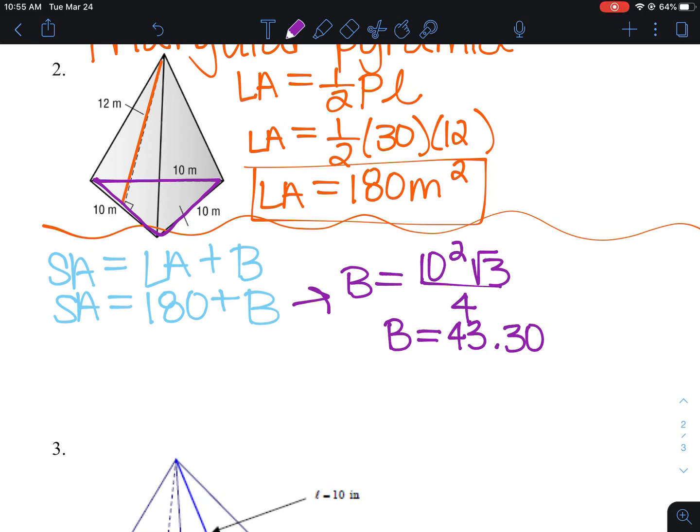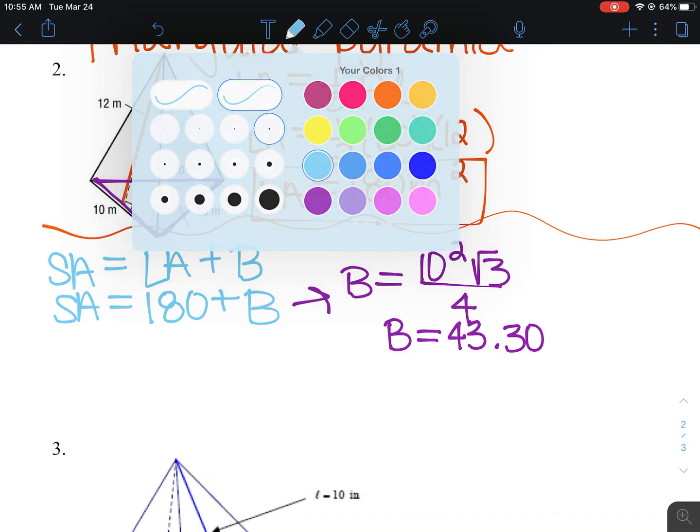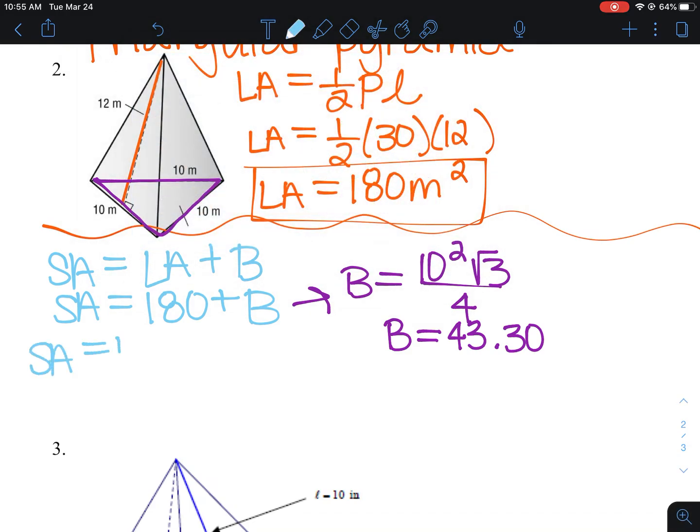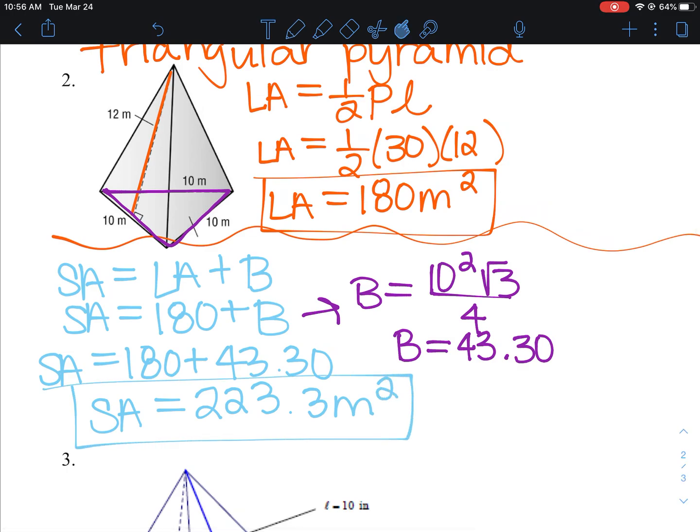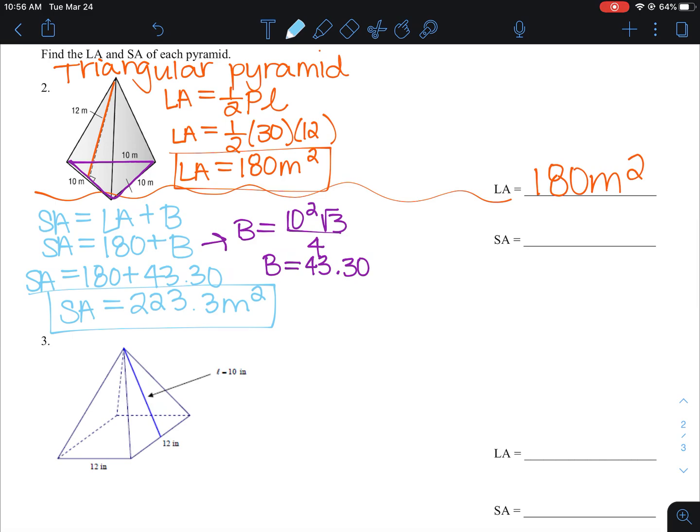Don't stress about the rounding part. It's: did you know how to do the work correctly? So back to this over here. The surface area was 180 plus the area of the base we just found, 43.30. So roughly the surface area, when you add those together, would be 223.3 meters squared.